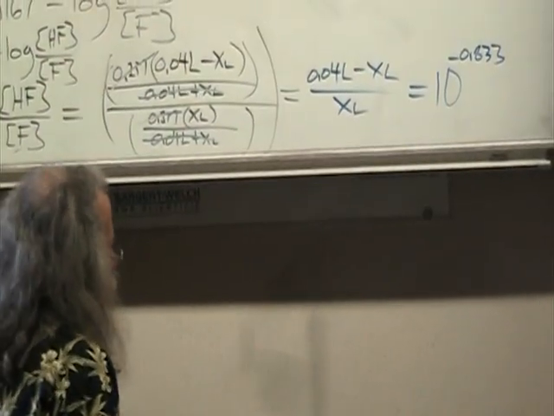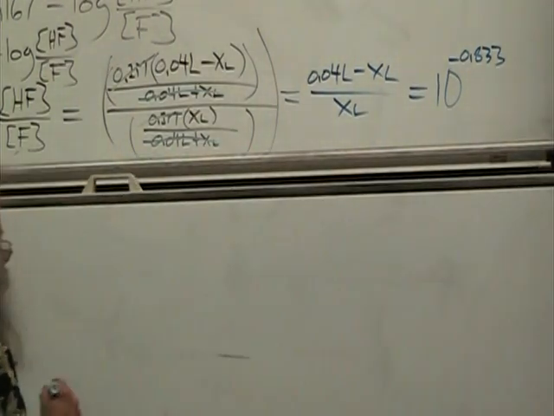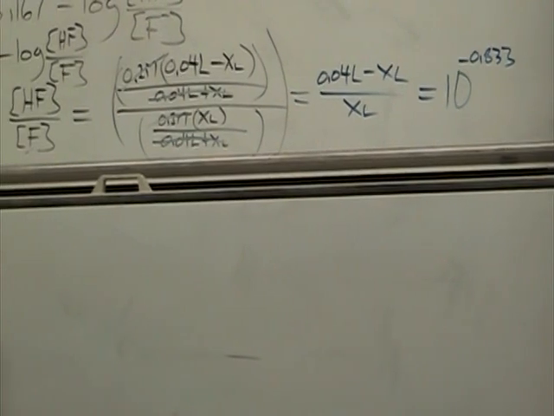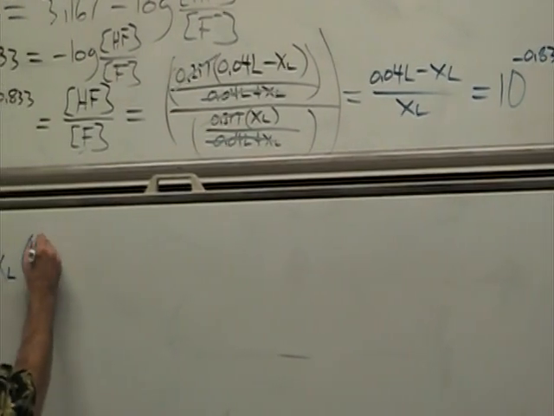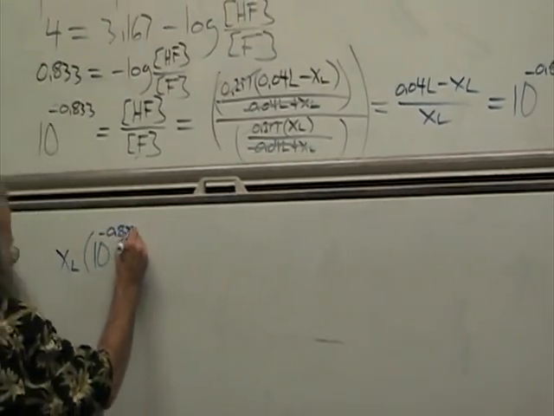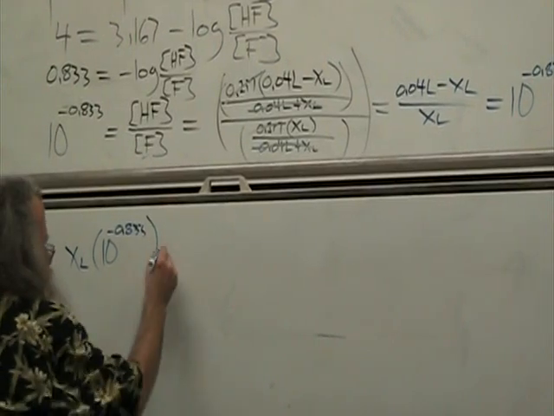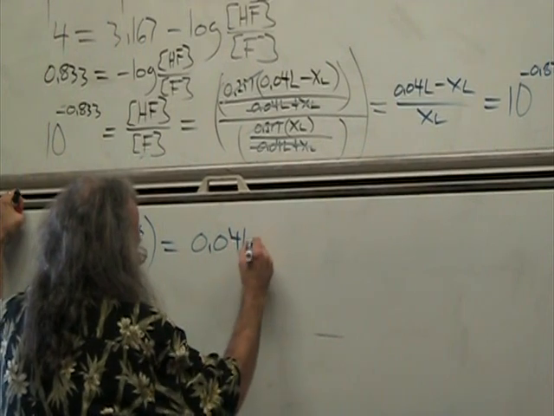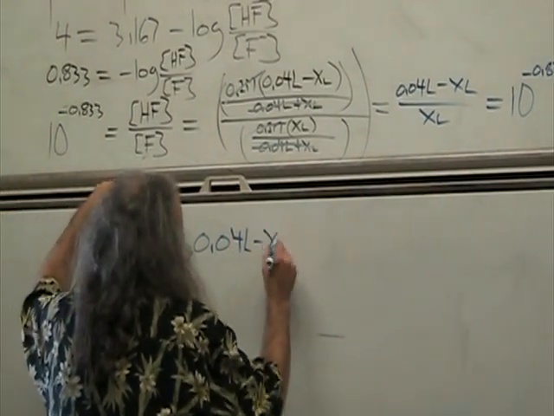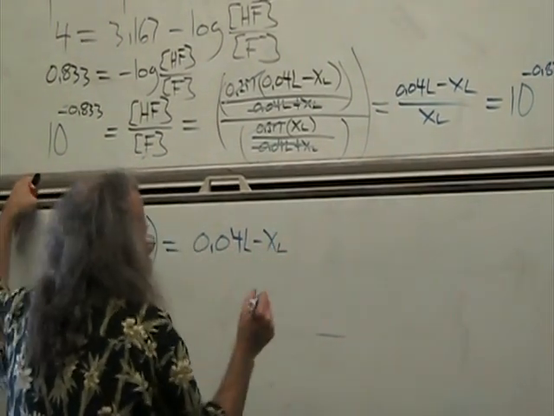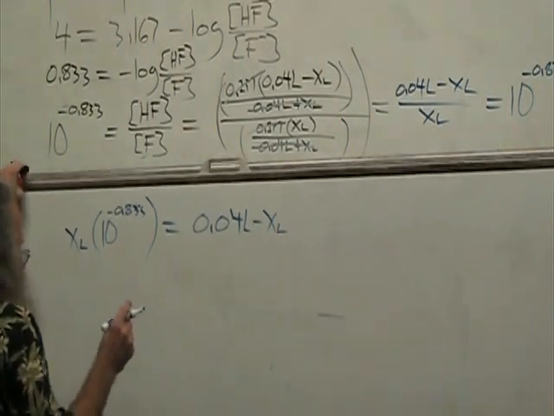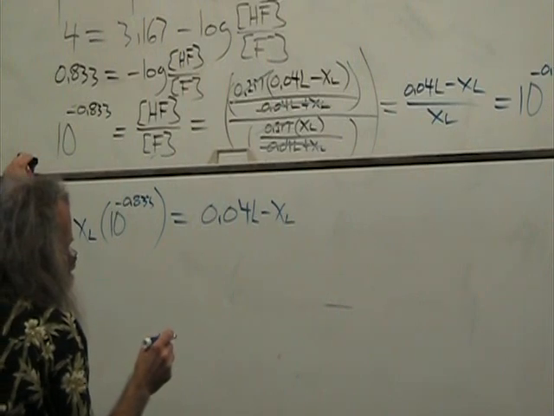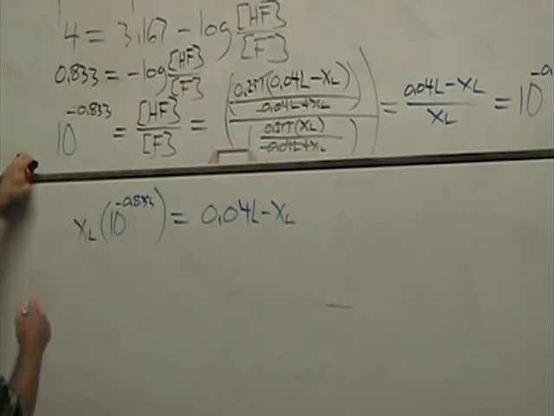Okay. Now, X L times 10 to the minus 0.833 is equal to 0.04 L minus X liters. And now I can simplify this tremendously by adding X L to both sides.